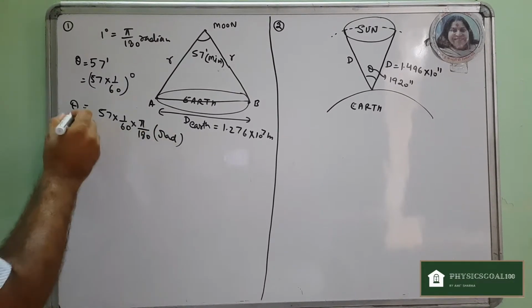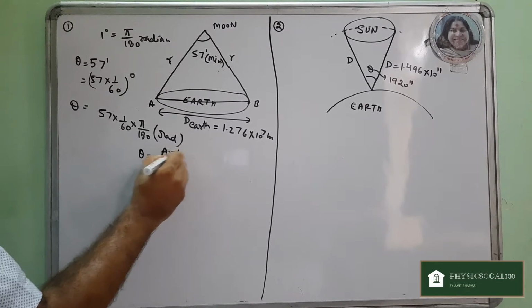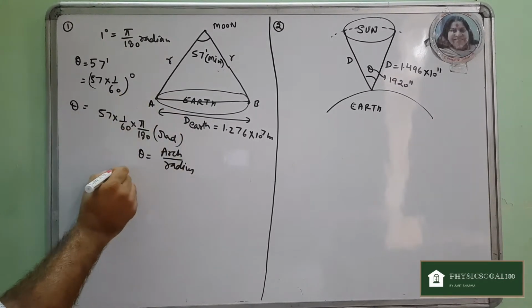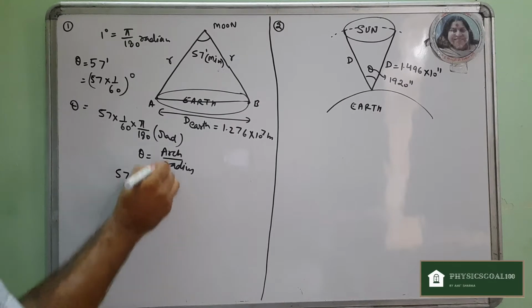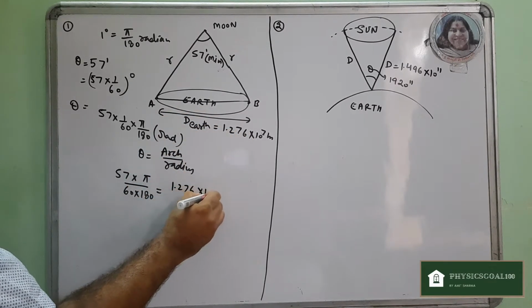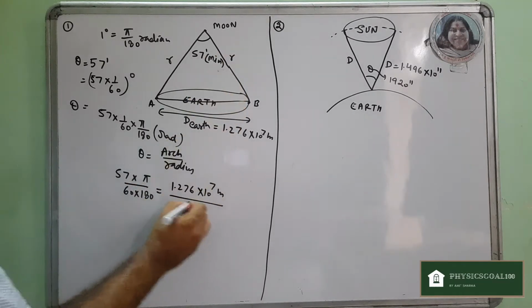Now angle, you know that I will apply the formula. Angle is arc upon radius. Angle is 57 into pi upon 60 into 180 is equal to arc, that is 1.276 into 10 की power 7 meter upon r.